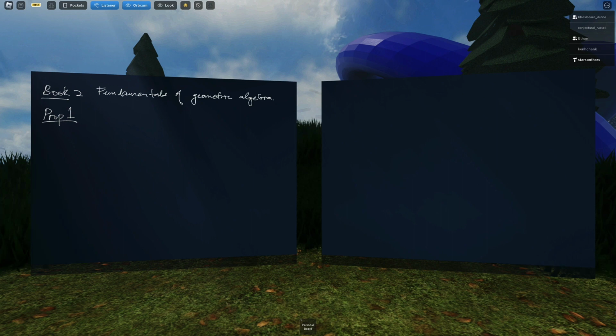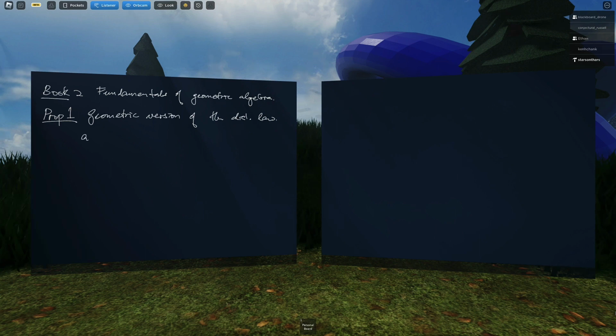Okay, so proposition 1. This is the geometric version. Yeah, I never knew this. Okay, so the distributive law just says A(B + C + D).